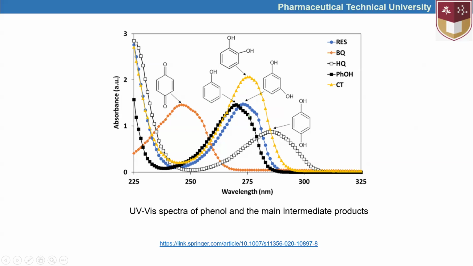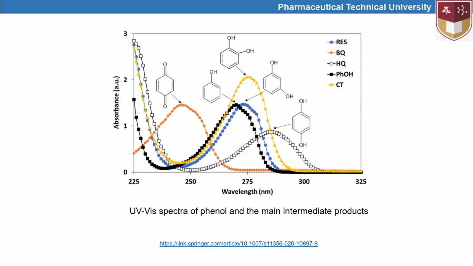Phenol has this kind of absorbance in some concentrations, and the addition of a hydroxyl group in meta position did not cause big differences compared to phenol, but the addition of an OH group in ortho position, as you see, caused the intensity of the absorbance to be much higher compared to phenol.